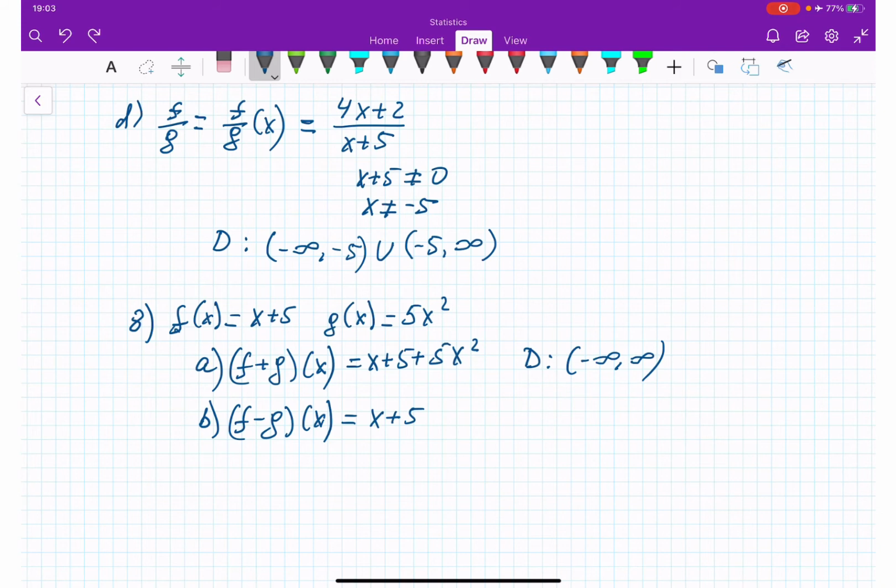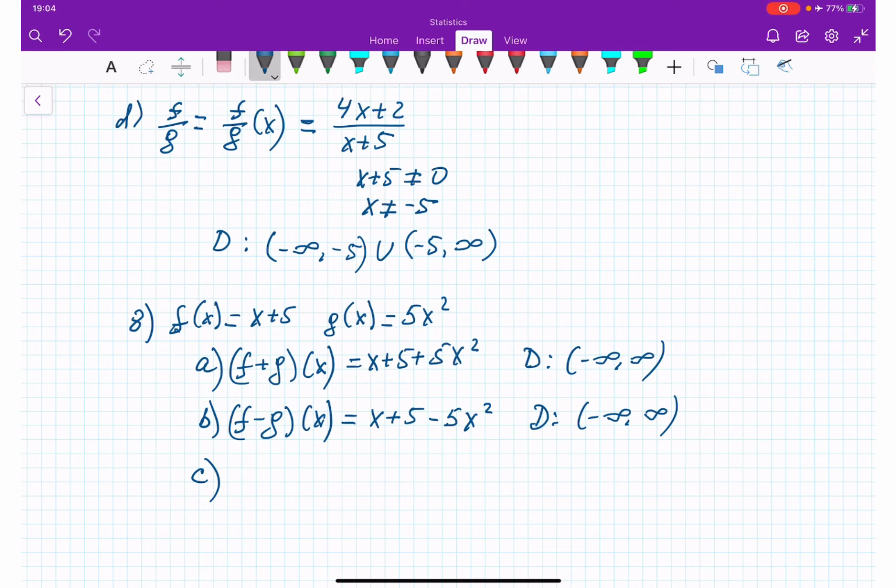Why? 3 minus 5 or 5 minus 3, it makes a difference, right? And the domain is going to be the same way, negative infinity, positive infinity.